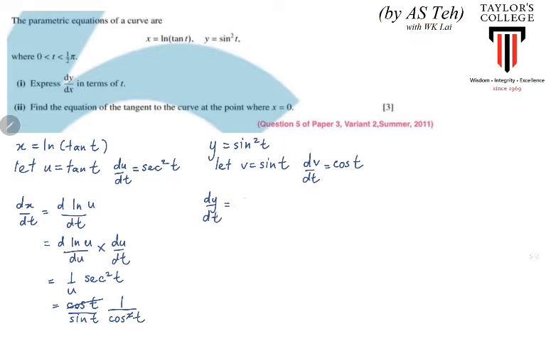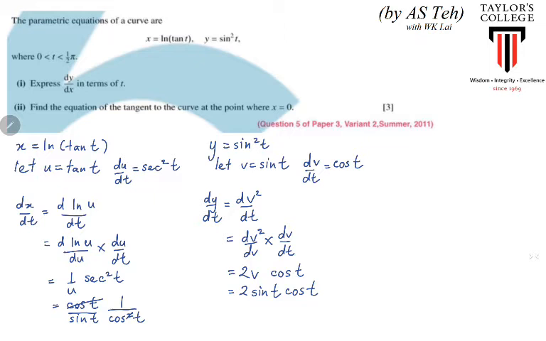Sine squared t, I can substitute v, so it is v squared per dt, but what I'm going to do is differentiate v squared with reference to v multiplied by dv per dt. So v squared differentiated with v becomes 2v, and dv per dt is cos t. Therefore, if I substitute v back, this becomes 2 sine t cos t.